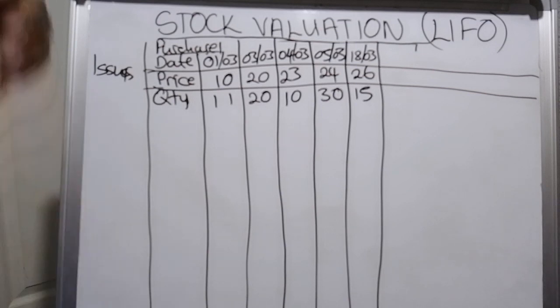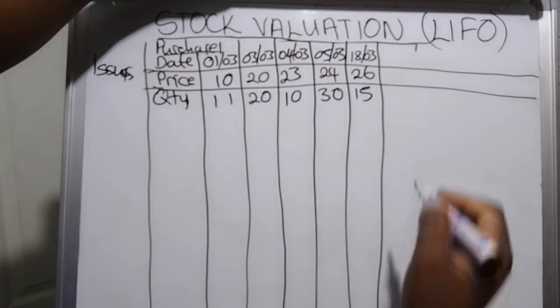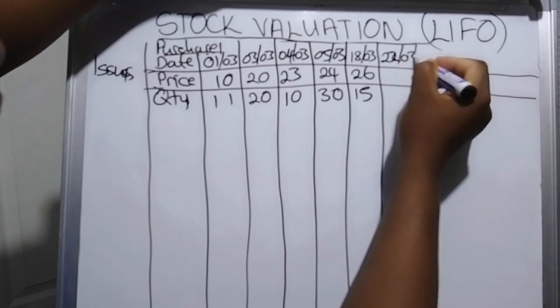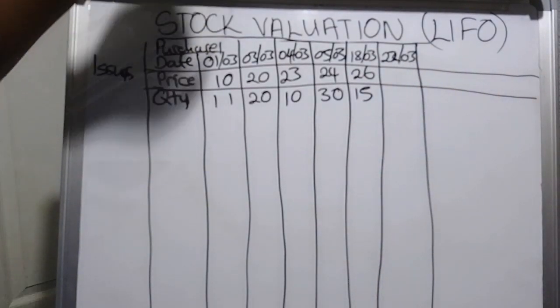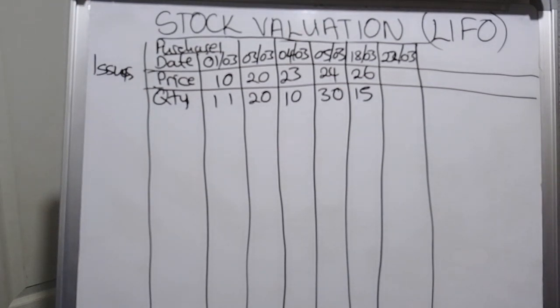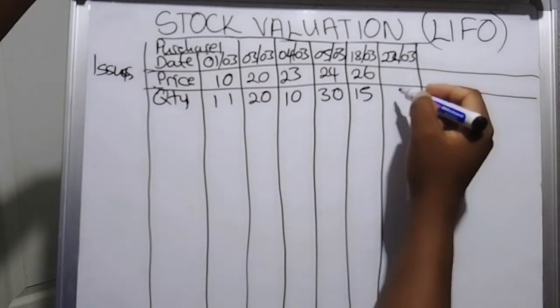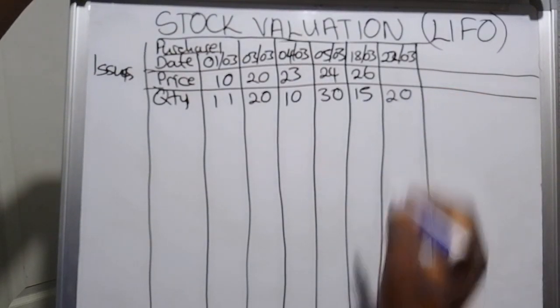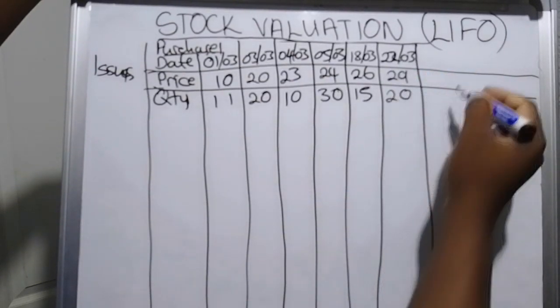Then we moved to the next date. It was the 22nd, 22/03. On the 22nd, we bought 20 items at the price of $29 each.